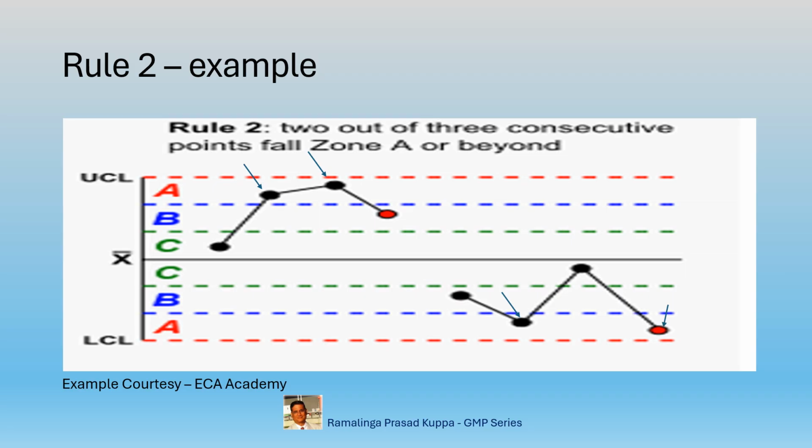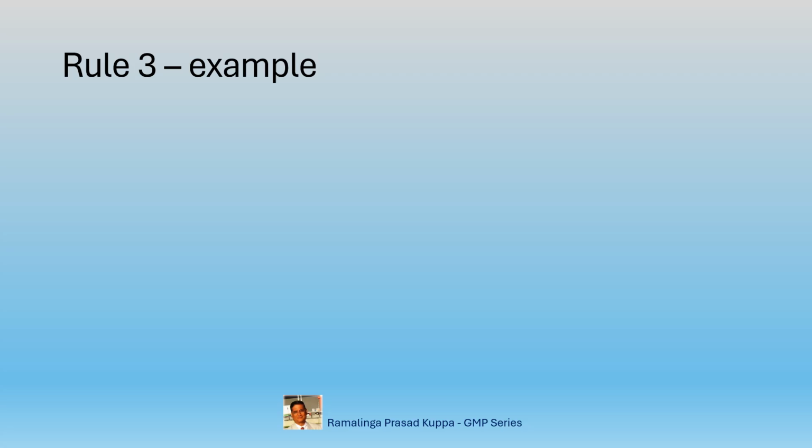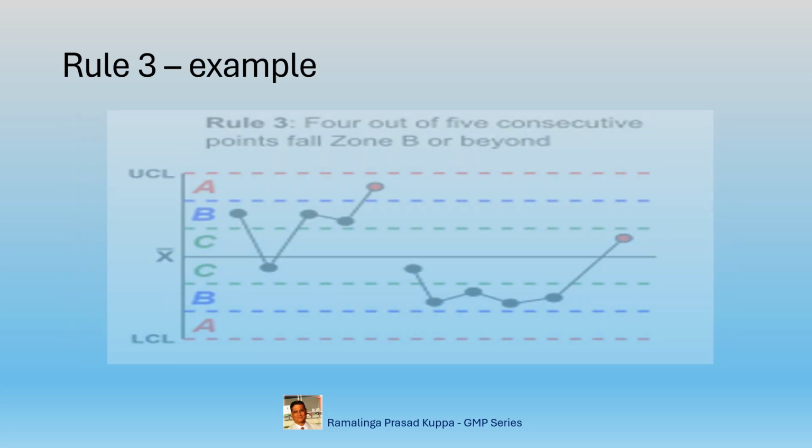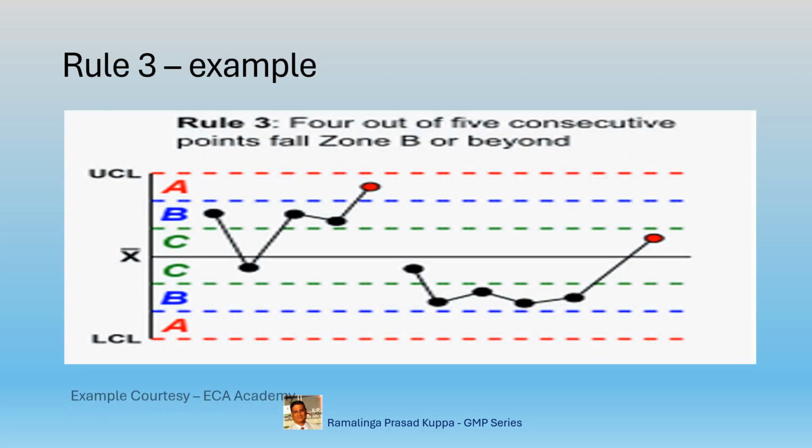These 2 are out of 3 consecutive data points beyond 2 sigma in this example for rule 2. Example for rule 3. 4 out of 5 are in zone B and beyond.